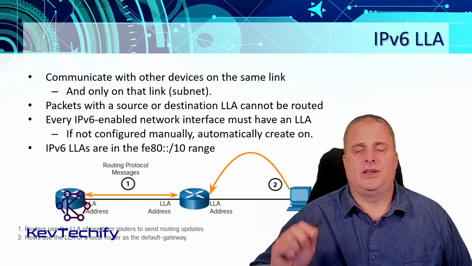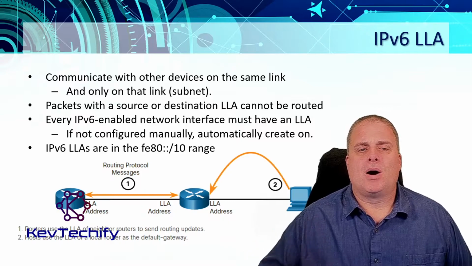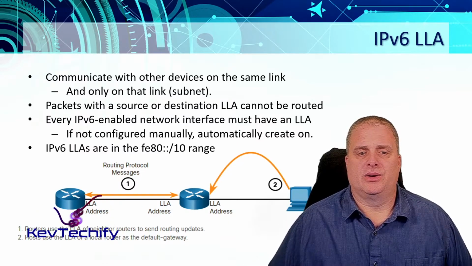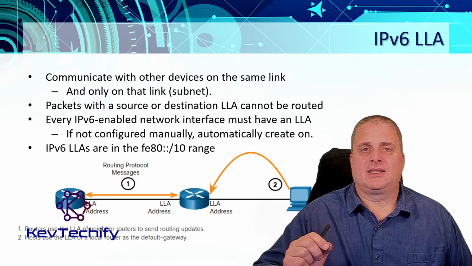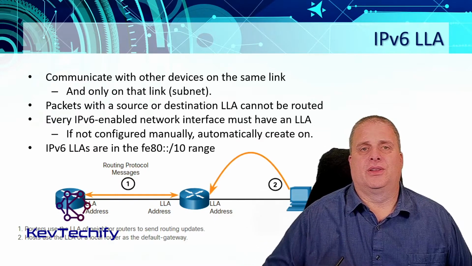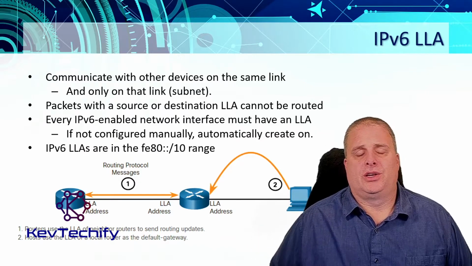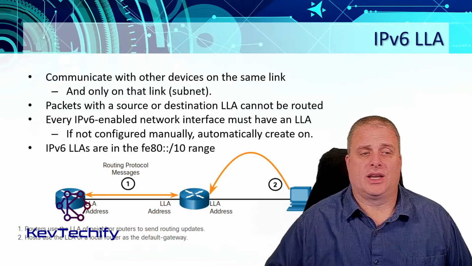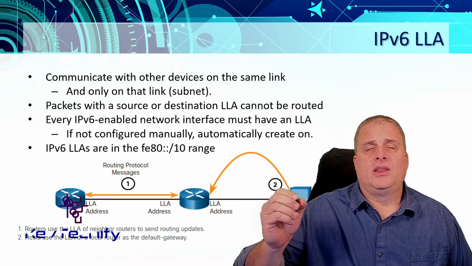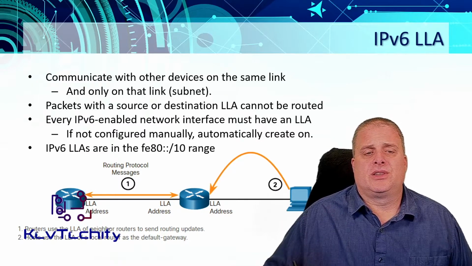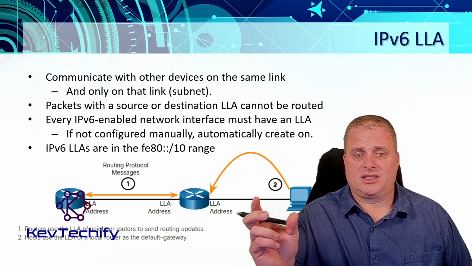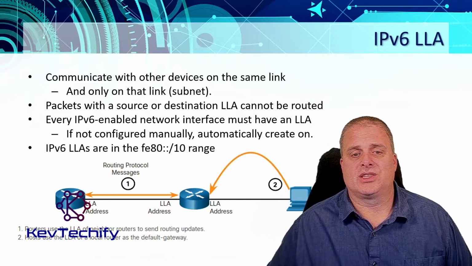Every device that uses IPv6 must have a link local address assigned to it. If it's not configured manually, it will be automatically created. There's a creation process that automatically does that. Currently, right now, the IPv6 link local addresses are in the FE80::/10 range, meaning the first hextet is FE80.